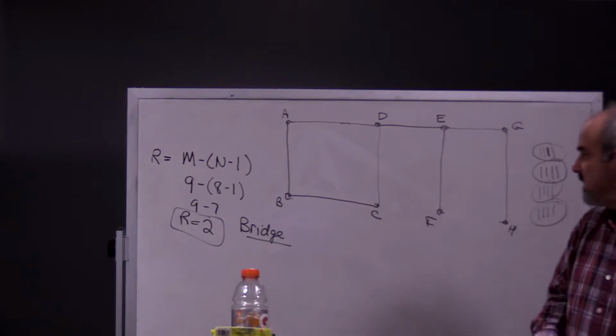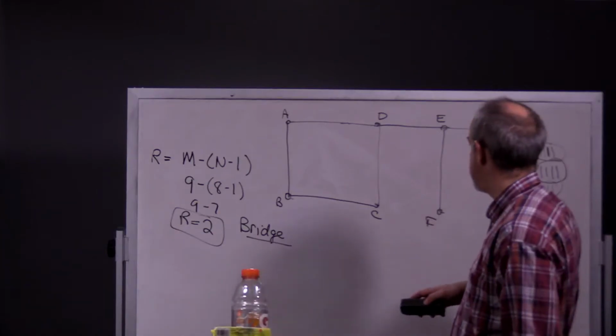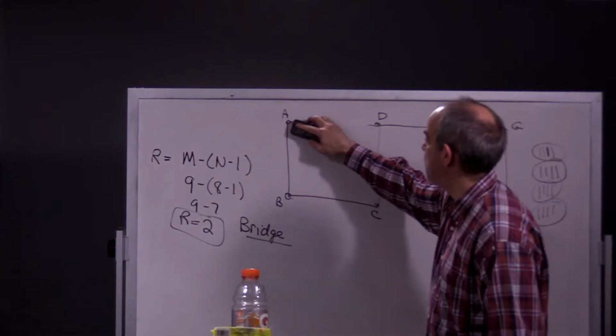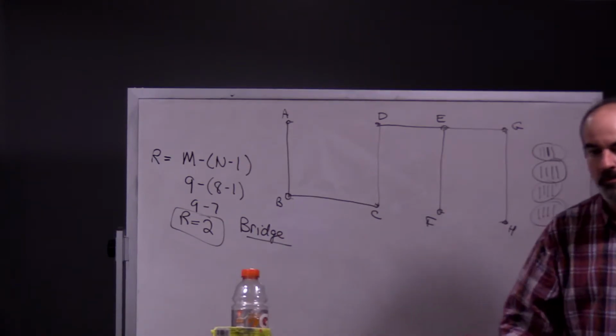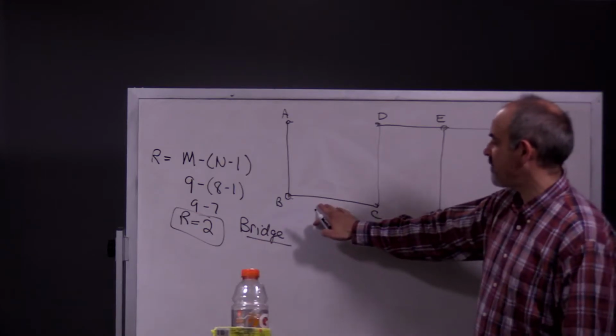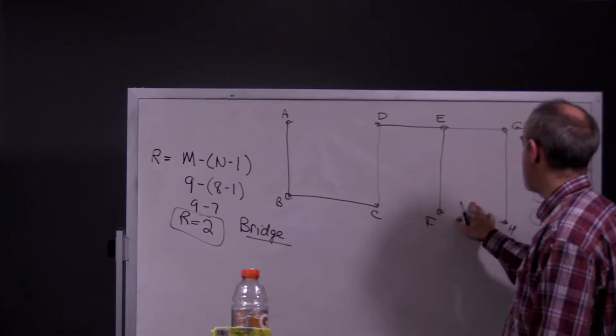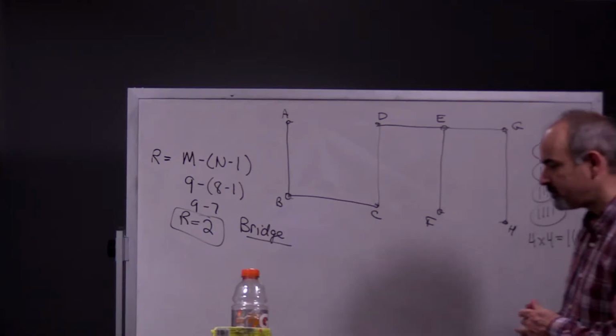So this particular graph has 16 spanning trees. I'll just show you one of them right now. That's one of the spanning trees. That's because there are 4 edges over here you could get rid of and 4 edges over here. In other words, there are 16 different spanning trees.